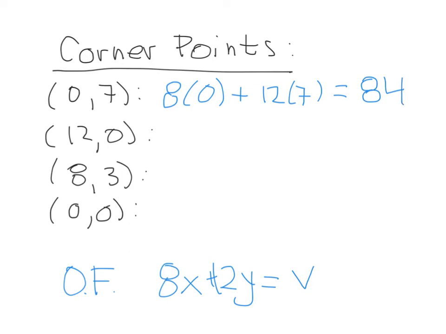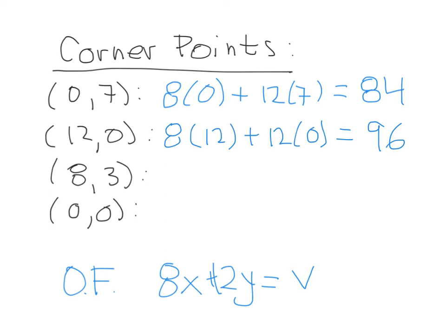At our next corner point, we do 8 times our x-coordinate, which is 12, plus 12 times our y-coordinate, which is 0, and we get 8 times 12 is 96, plus 0 gives us 96 items we can store.